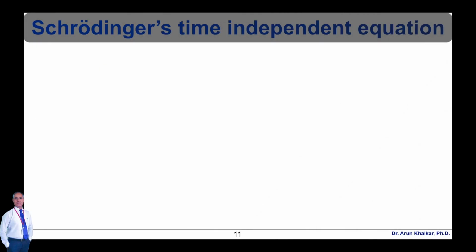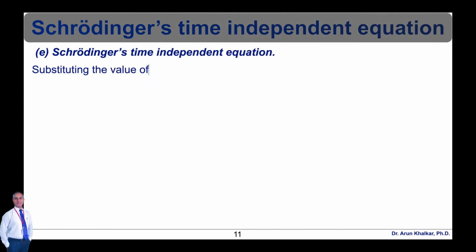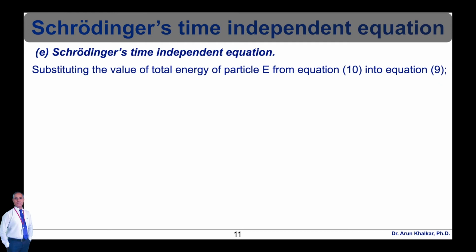From all the above calculations, let's find out Schrödinger's time-independent wave equation. So substituting the value of m²v² from equation number 10 into equation number 9, we can write ∇²ψ + 4π² × 2m(E − V)/h² × ψ = 0.